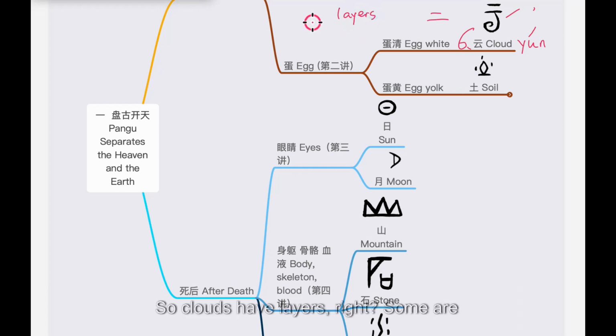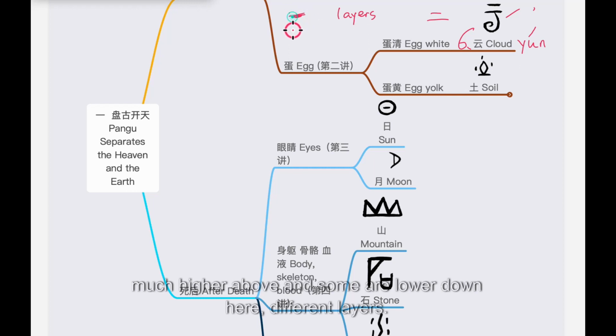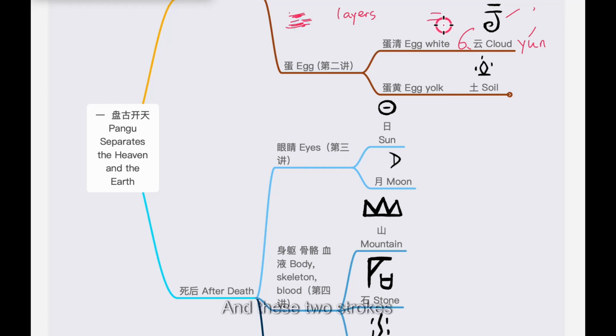So clouds have layers, right? Some are much higher above and some are lower down here, different layers. And these two strokes represent the curly part down here. That means clouds have this curl shape, right? This curl shape.